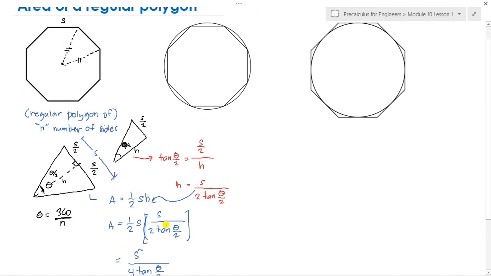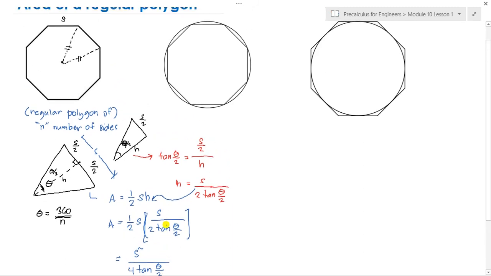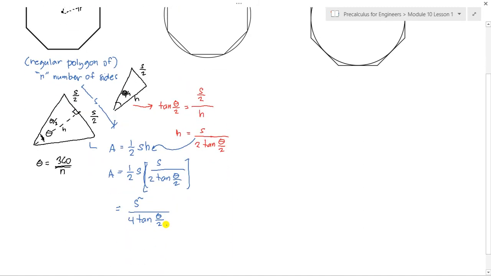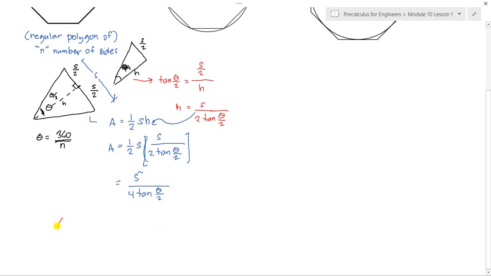So since we assuming an atay n number of sides, so therefore we are going to multiply this area by n, okay, in order to get the final formula. So therefore the final formula here, area is equals to n times s squared all over 4 tangent of theta all over 2.